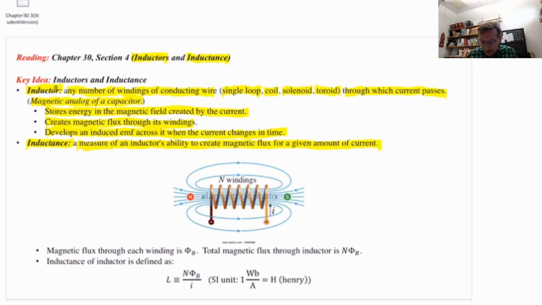We've got conducting wire that we have wrapped around N times, in N loops. You might want to call that a coil, capital N windings. And we're going to pass current I, starting over here on the left, going upward.